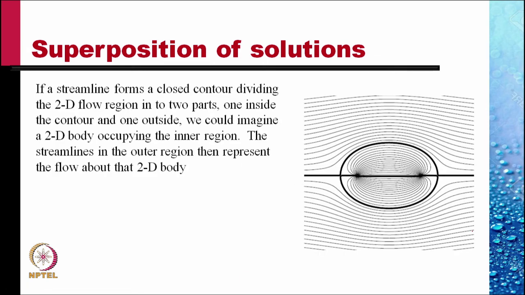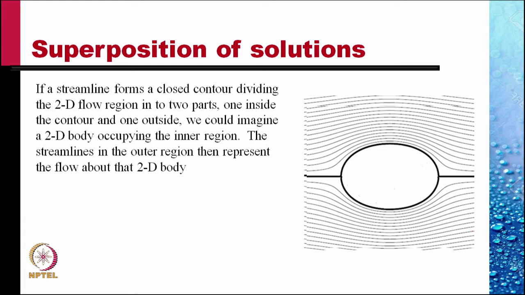If a streamline forms a closed contour dividing a 2D flow region into two parts, one inside the contour and one outside, we could imagine a 2D body occupying the inner region. The streamlines in the outer region then represent the flow about that two-dimensional body.